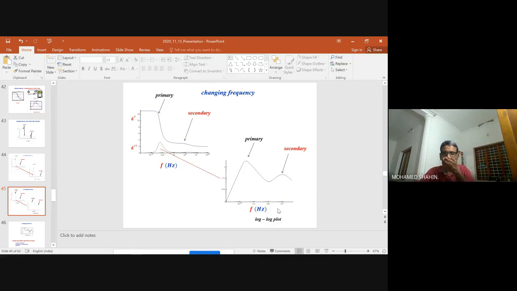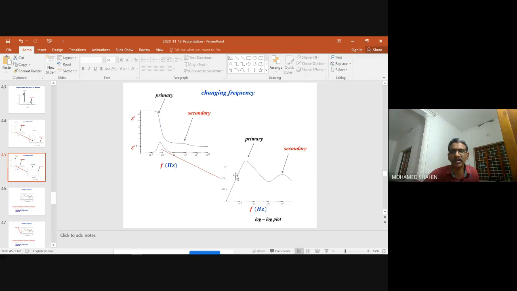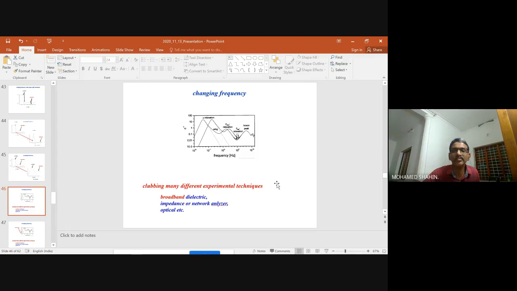The frequency is already in the logarithmic scale, because you have to accommodate different decades. In the same way, if you plot the imaginary part also in the logarithmic scale, you will have a response like this. So this slope is the additional information, and we have seen that this is 1 minus alpha. And this is the full frequency response.